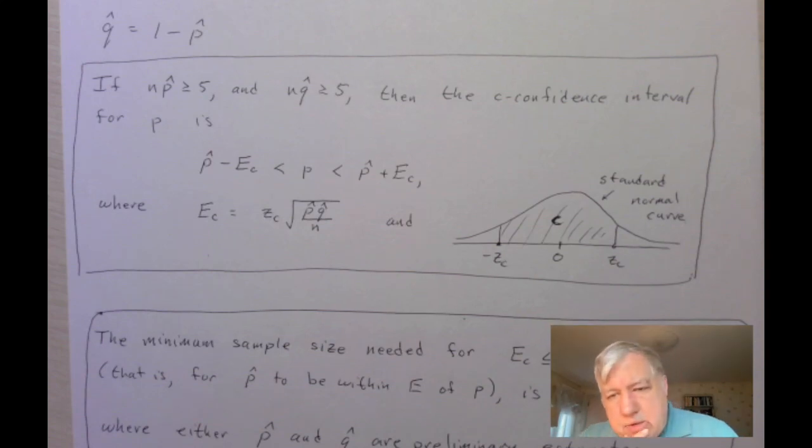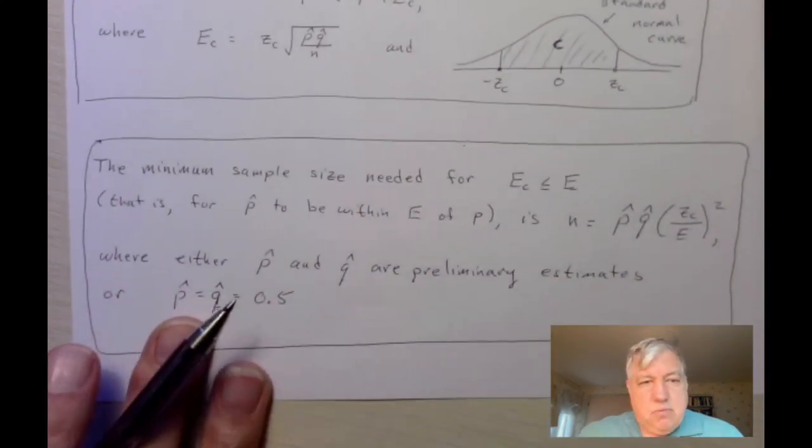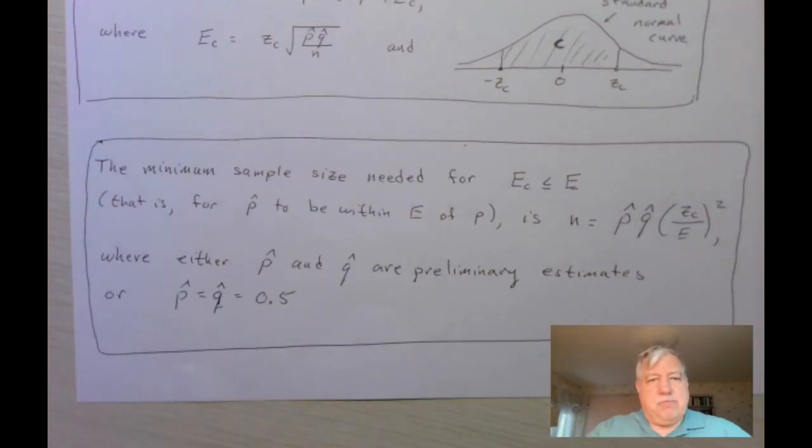Now, the other side of this coin is, let's say that before we take our sample, we already know what we want the margin of error to be. Then we do this.